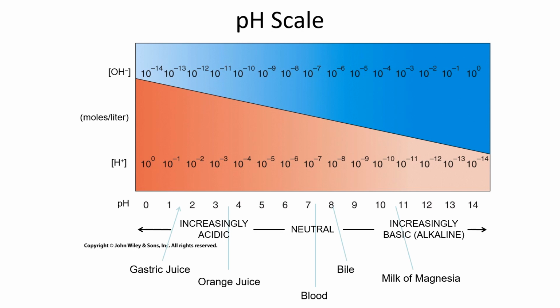Or the other way to think of it is that there's fewer hydroxyls. So there's not enough hydroxyls to balance the hydrogen protons, or you could say there's too many hydrogen protons to balance the hydroxyls. So most fluids in your body and in your cells are close to neutral.